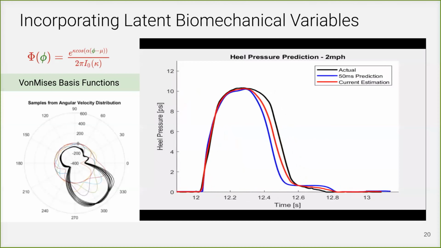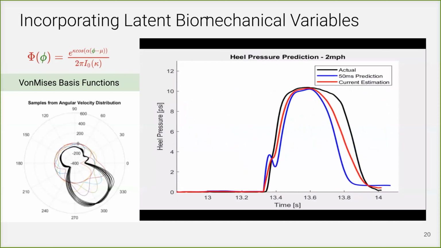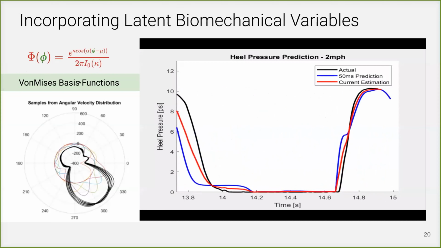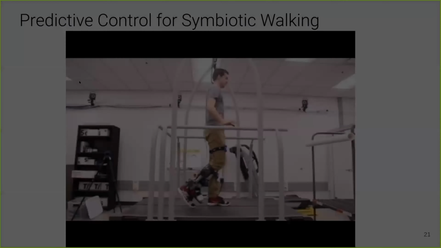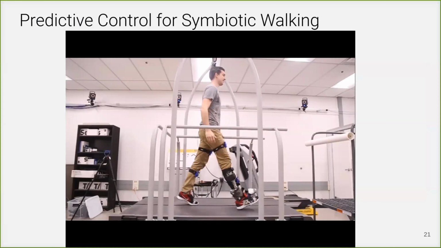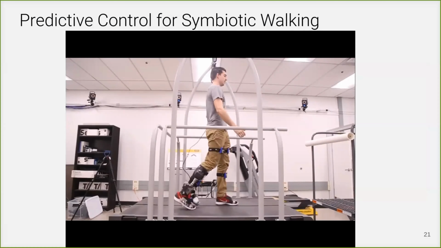Now, in this case, since it's a periodic movement, we use periodic basis functions, in particular von Mises basis functions, that can model this periodic behavior really nicely. Now to the end result of this, you can see here a person actually using the prosthesis. This is a healthy person in this case.